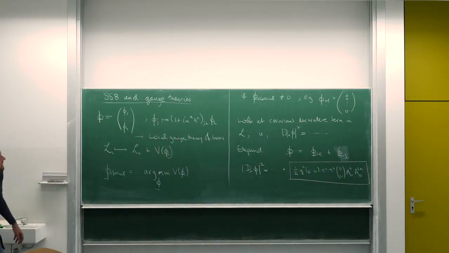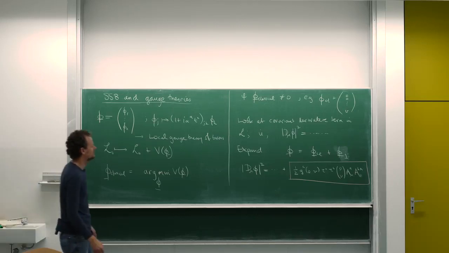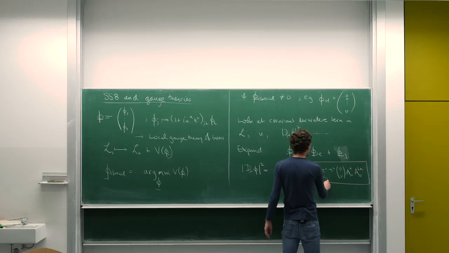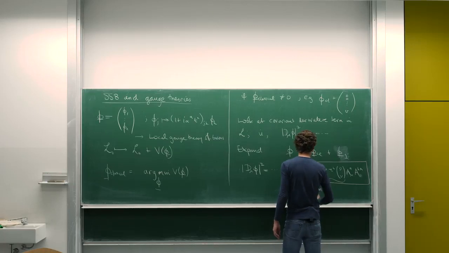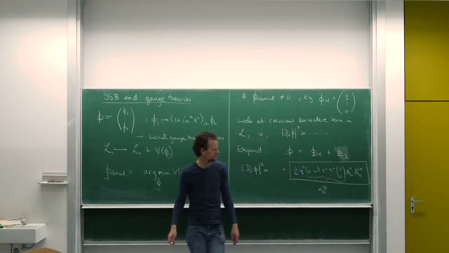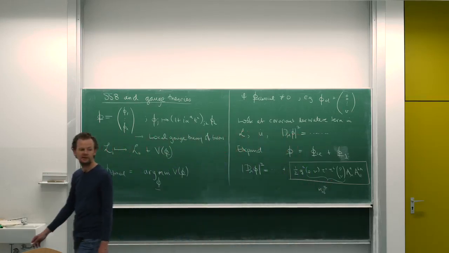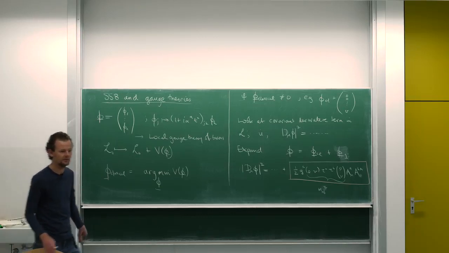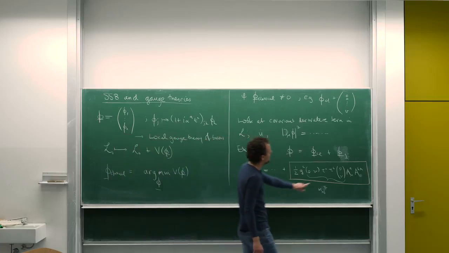Now, in order for that to actually be a mass term in a Lagrangian, we need that this thing here, this mass matrix, which I believe I notated as little m_AB squared, has to be positive semi-definite, or it'll end up being negative semi-definite because of the metric here.